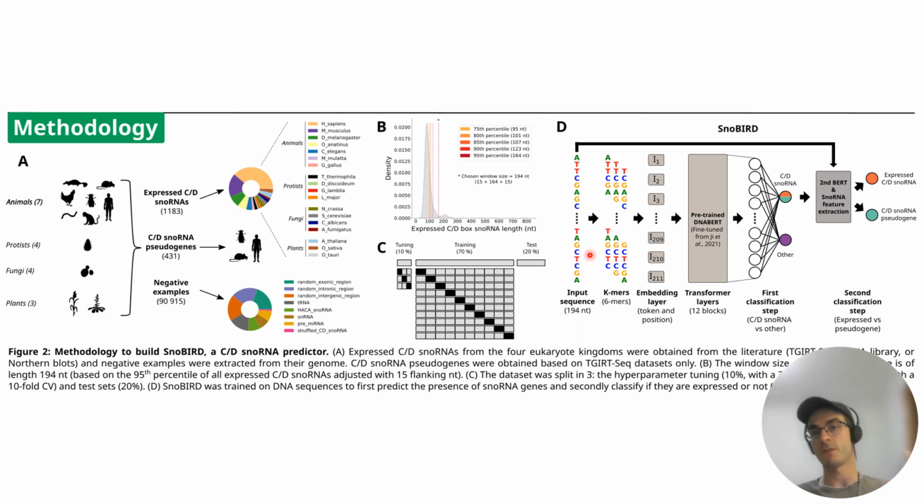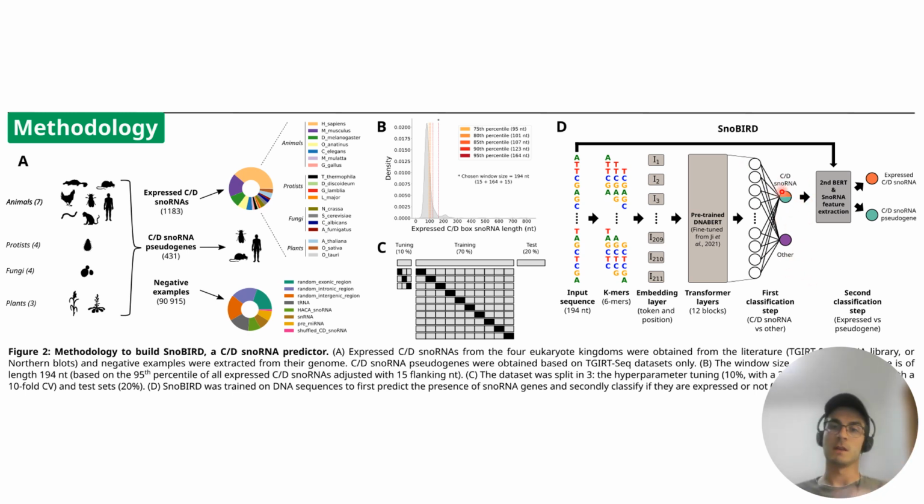So this sequence was fed as input to SnoBIRD, which was then tokenized into little k-mers of 6 nucleotides. This was fed to an embedding layer, which was then fed to our pre-trained BERT model. And then this pre-trained BERT model was fine-tuned on our dataset to predict our first classification step. So whether within that sequence it contains a CD snoRNA gene in the general sense or something else.